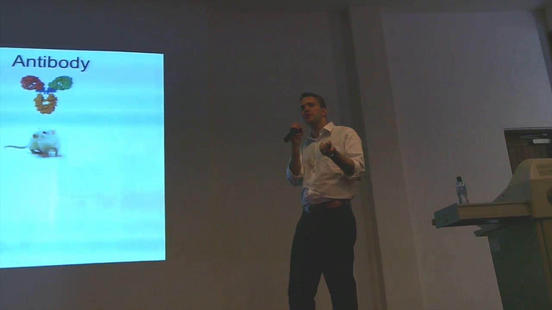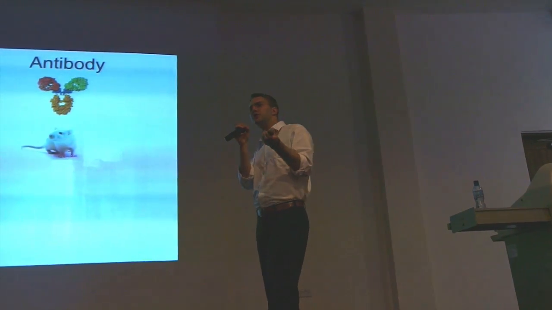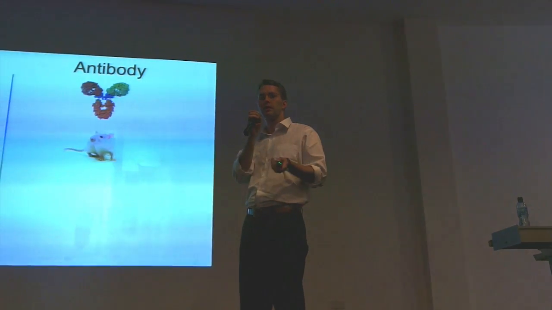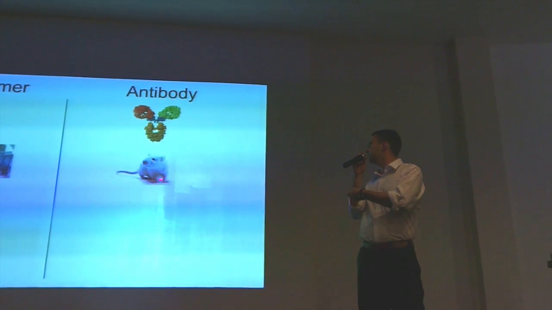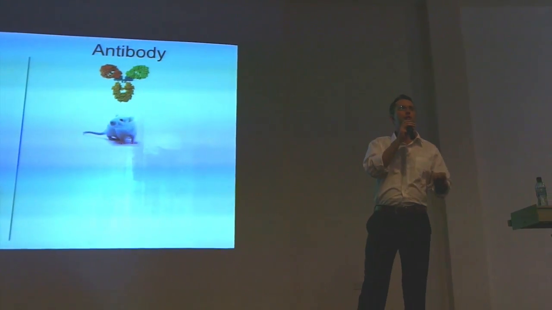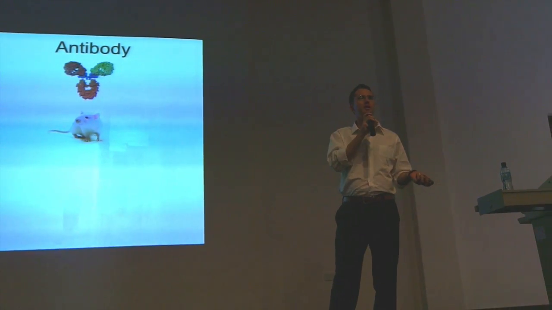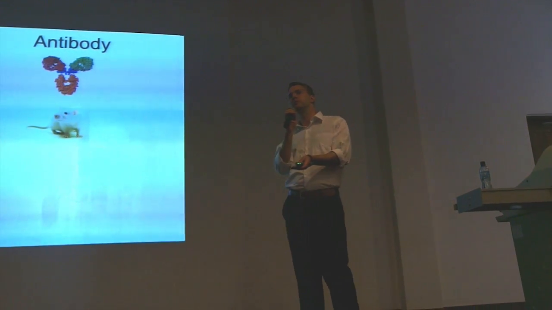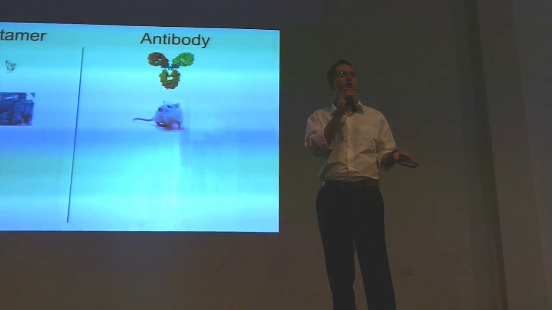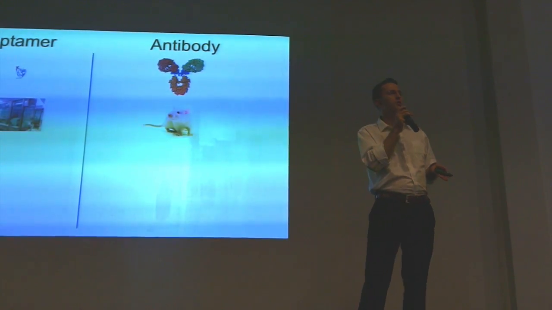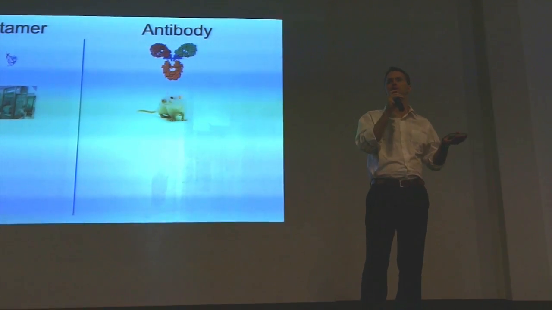Also, aptamers can be produced in vitro. And for the antibodies you need an animal model. So mice, sheep, goat. And that raises a number of problems from batch to batch differences, and also you have to increase the cost quite a bit.